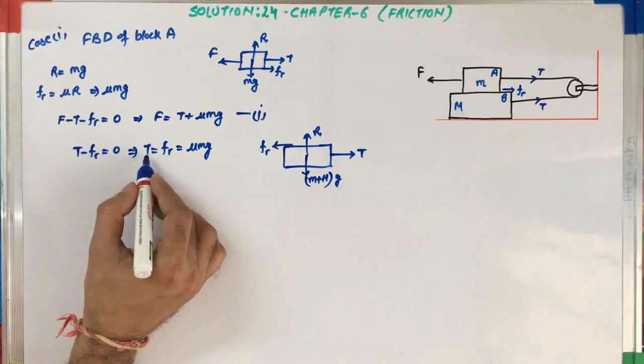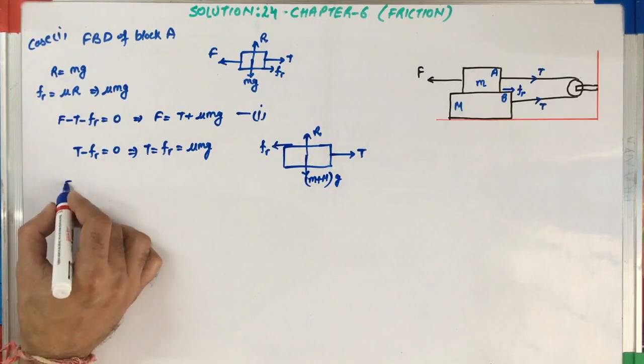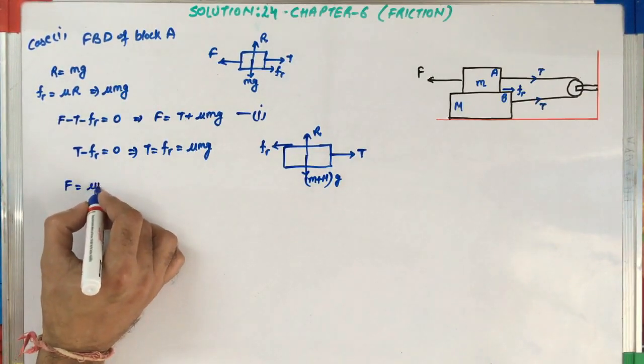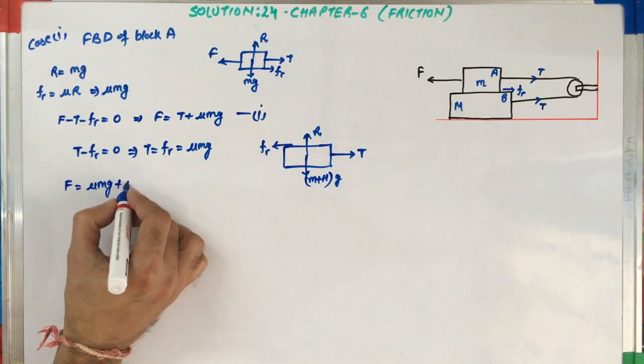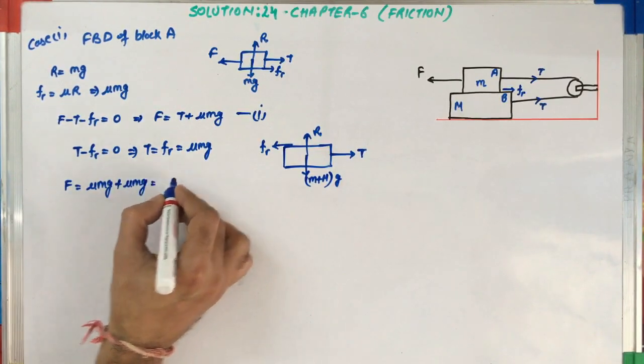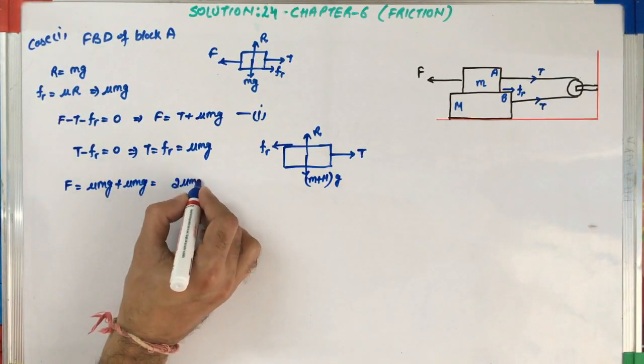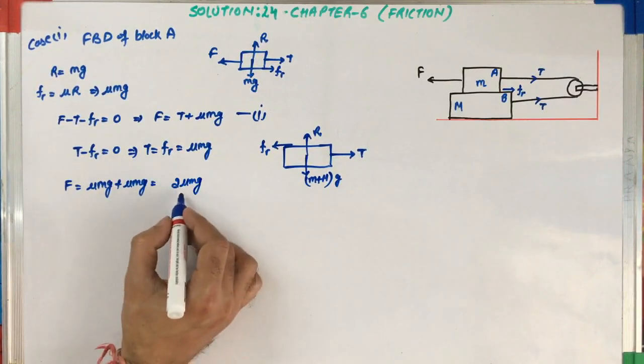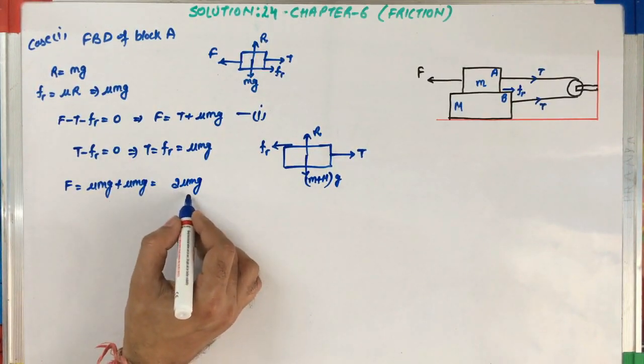Putting this value of T in equation 1, we get F is equal to mu mg plus mu mg, that means 2 times mu mg. So this is the maximum force which can be applied on block A, such that the equilibrium of these two blocks remains the same, or they stay at rest.